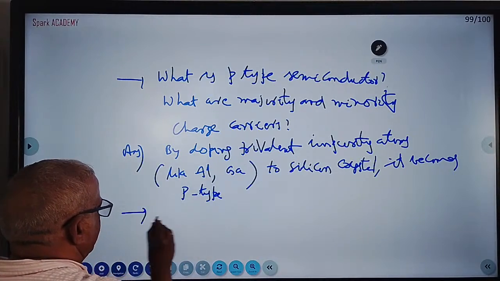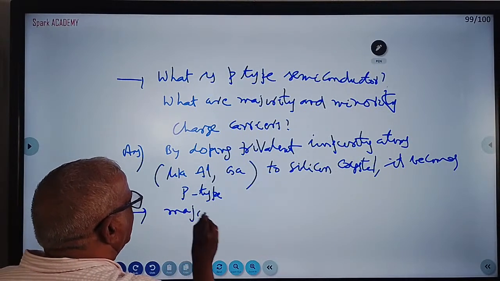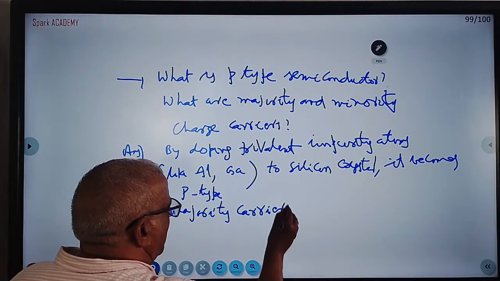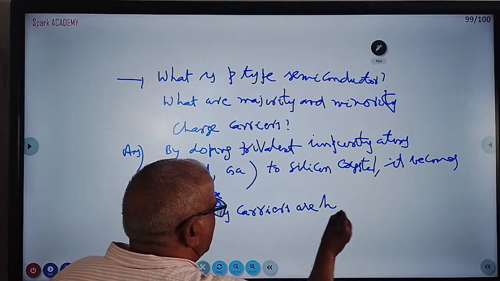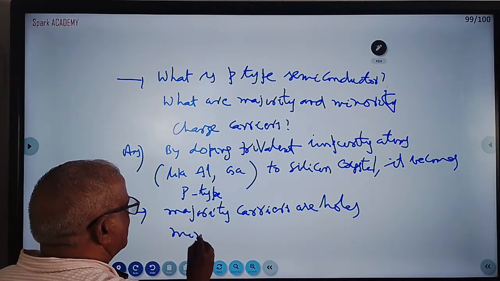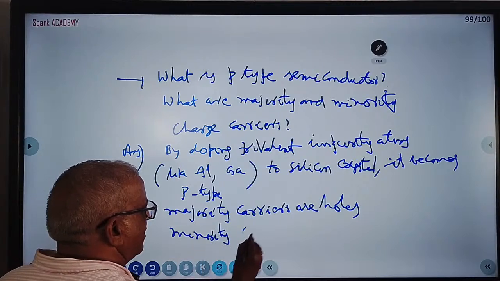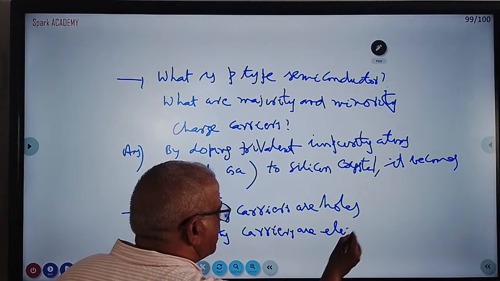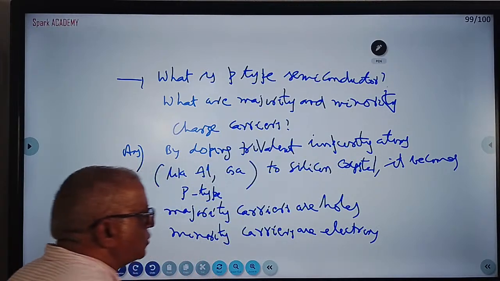What are the majority carriers? Majority carriers are holes. Minority carriers are electrons.